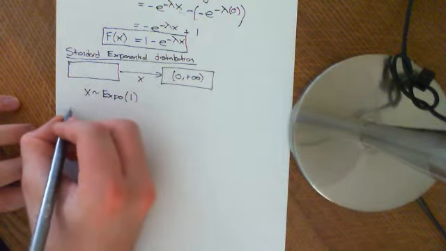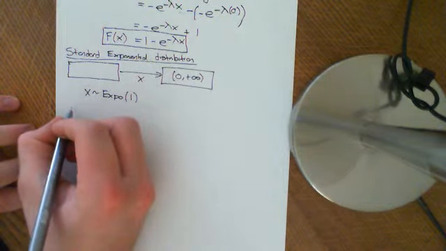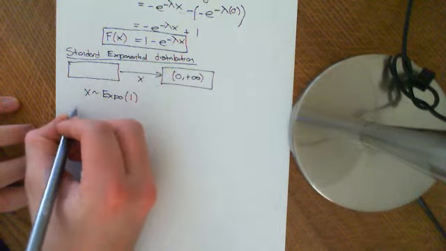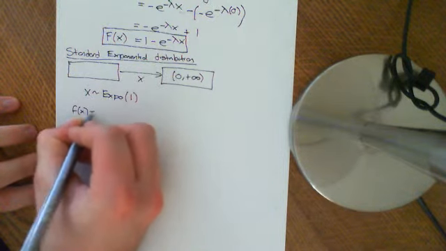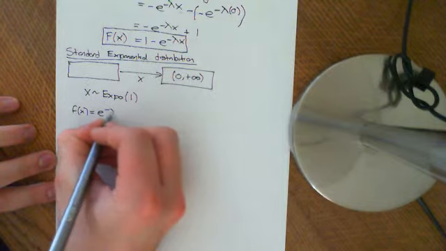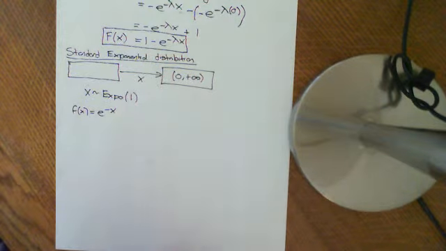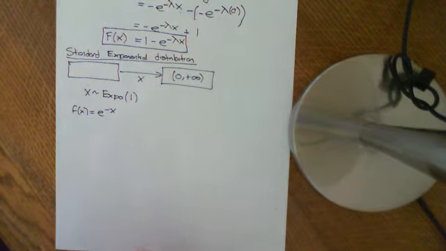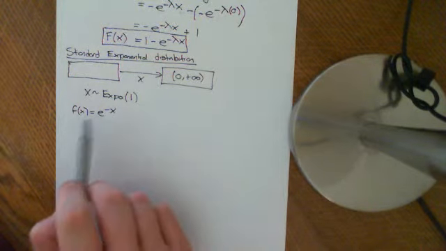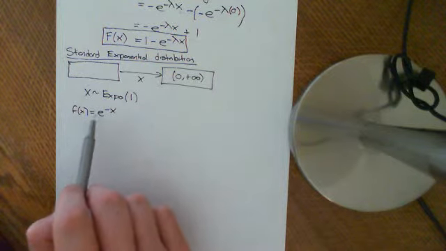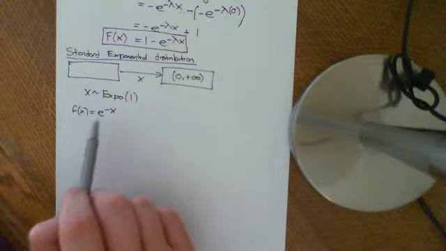So the PDF of the standard exponential distribution is little f of x equals e to the negative x, where lambda is equal to 1. The general exponential distribution has PDF lambda e to the negative lambda x, whereas in the standard exponential distribution, the parameter is equal to 1.